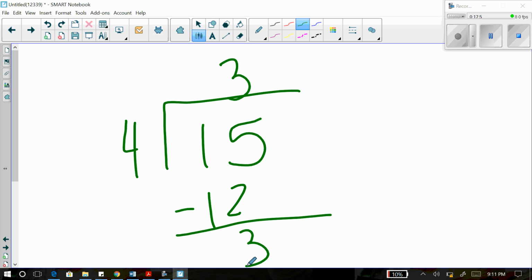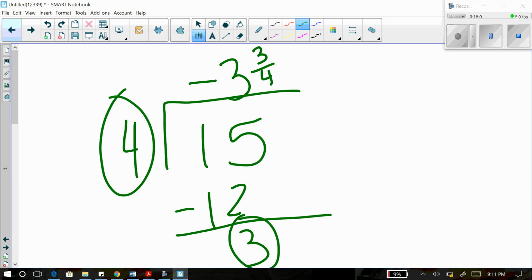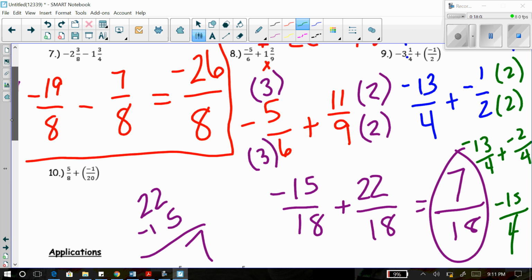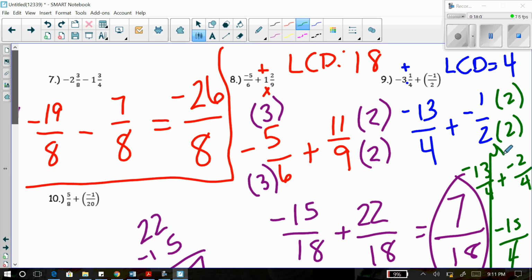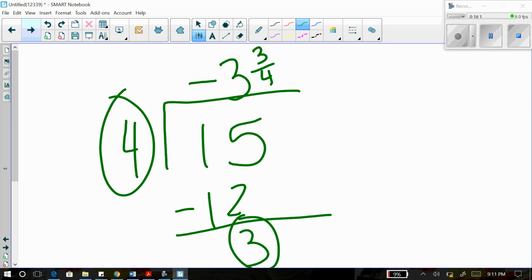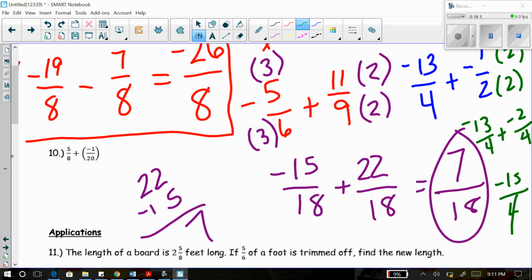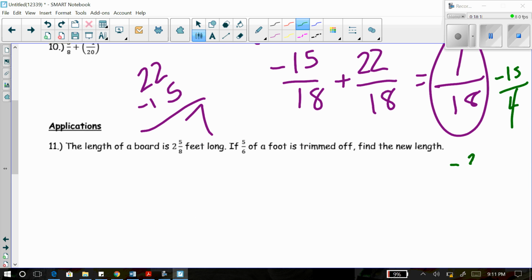And again, it was negative 15, so we know when we divide and they're opposite signs, we keep it negative. And write our remainder over what's on the outside there. So you can give me negative 15 over 4 or negative 3 3/4.